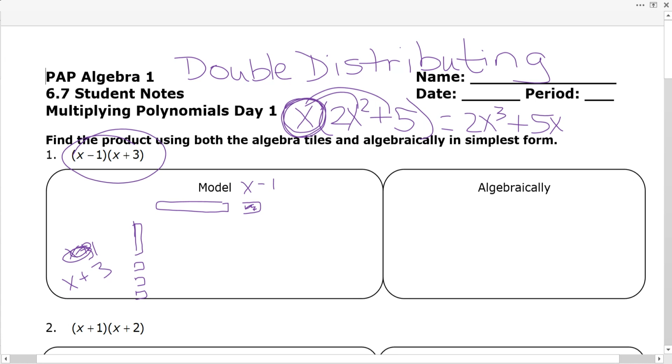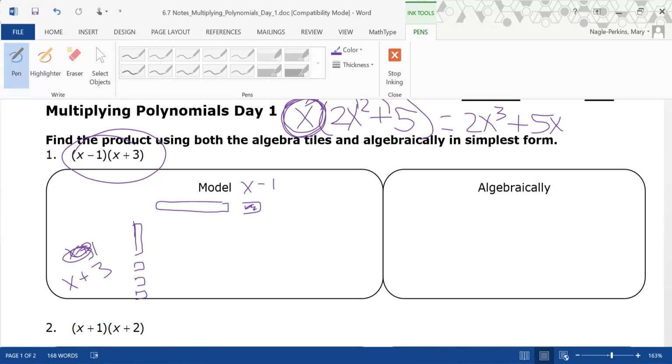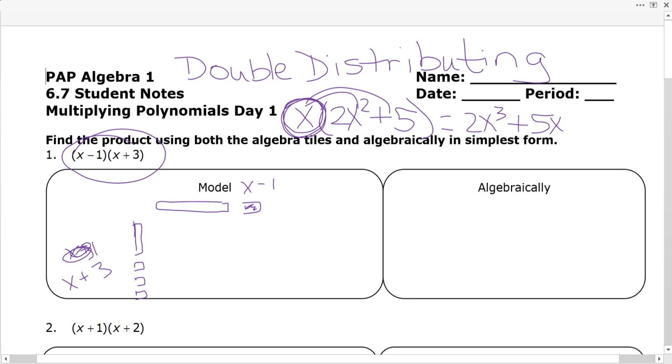So what happens when we multiply those together is we end up with an x squared tile that looks like that. And I multiply this and I end up with a negative, or shaded, 1 here. And I end up with 3 long skinny ones here. And then I end up with 3 little ones over here, and they're negative also.